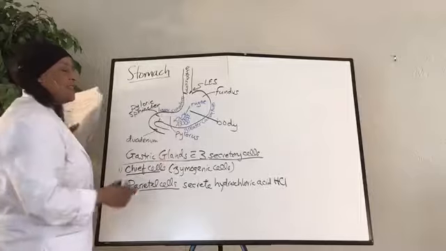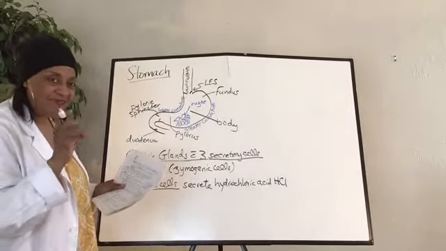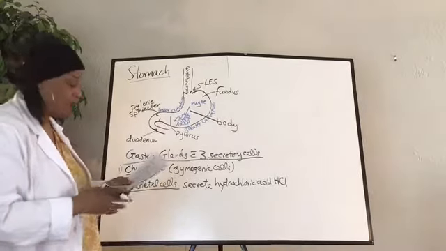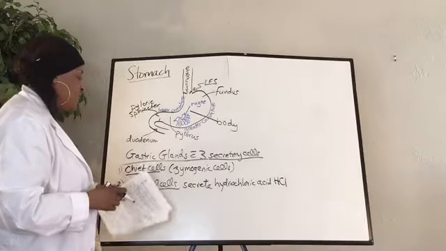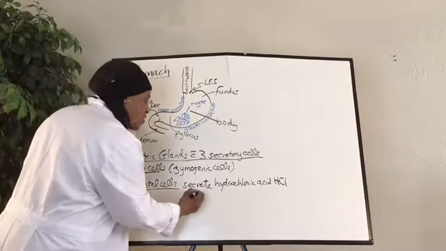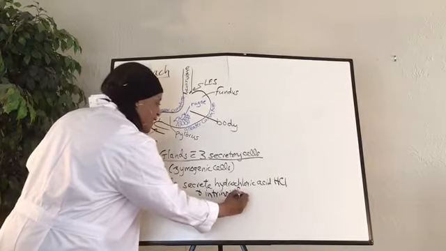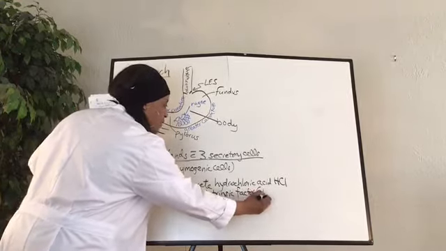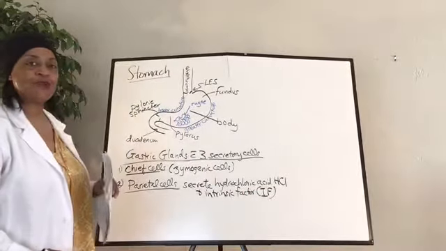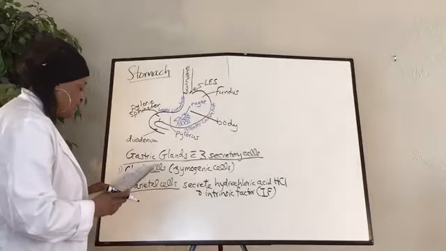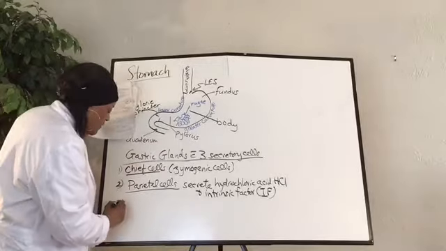That's really the acid that gets the food broken down to make it easier for enzymes to help digest it. Another thing about the parietal cells, they also secrete something called intrinsic factor. So I'll abbreviate that as IF. It looks like "if," but it's going to be short for intrinsic factor. I'll come back to intrinsic factor in a minute, so I want to get all three of these cells up.